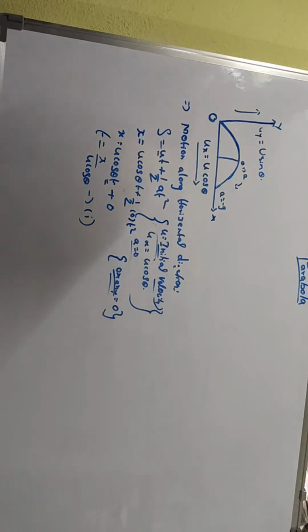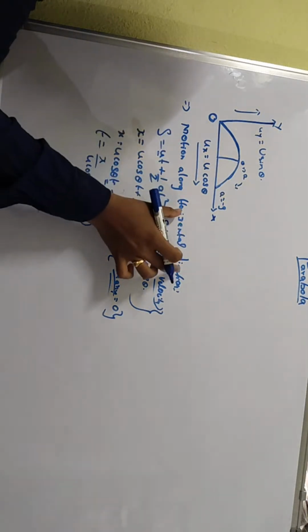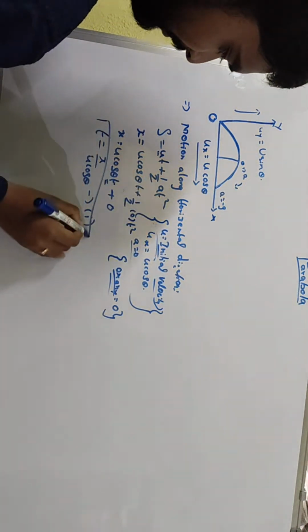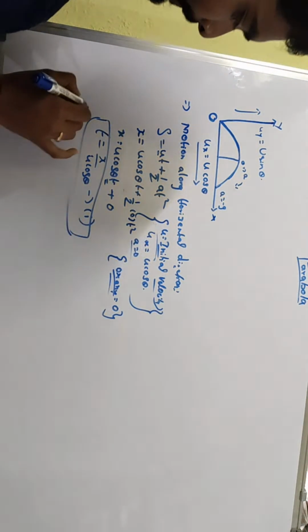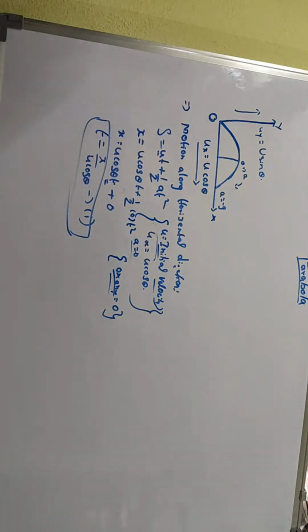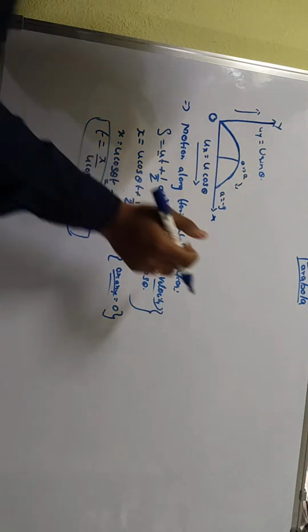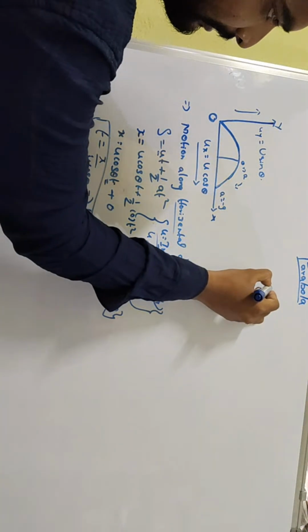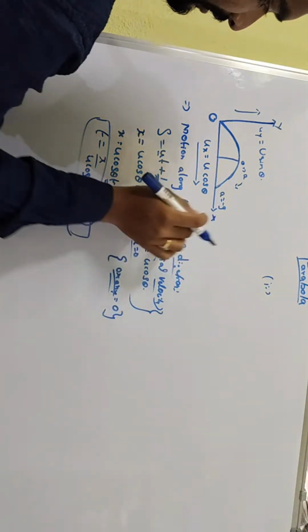Now the motion along the horizontal direction is completed. The formula we get here is x = u cos theta into t.